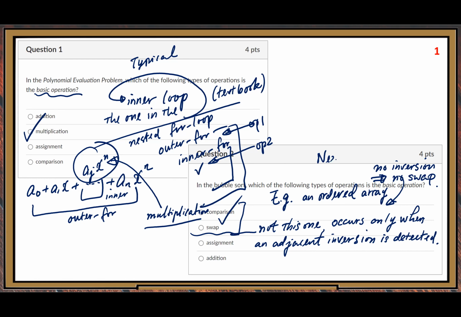So comparison is the more fundamental operation, and we choose it as the basic operation. These two questions check your understanding of the basic operation concept.